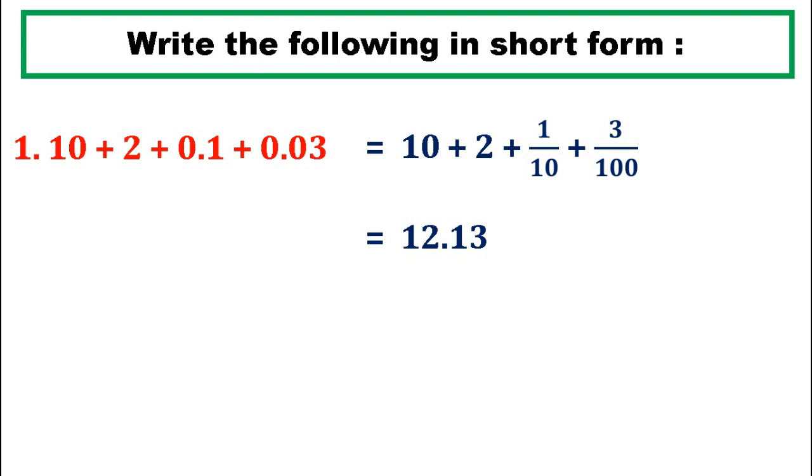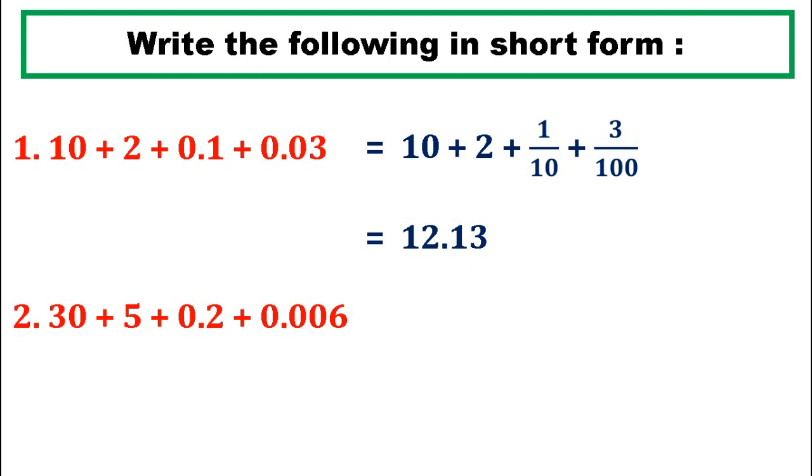The last digit 3 belongs to the hundredths place and is after the decimal point. So we write 3 after 1. So the short form of 10 plus 2 plus 0.1 plus 0.03 is 12.13.